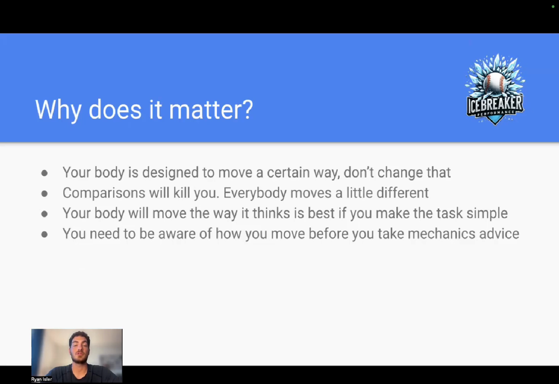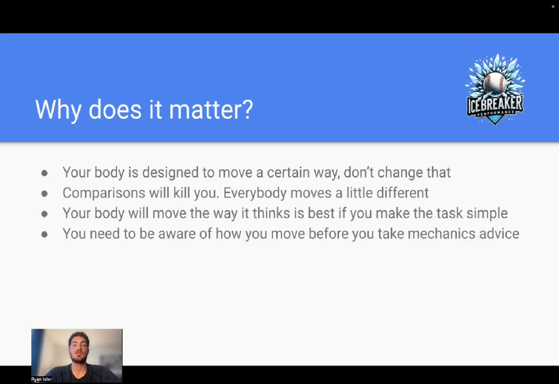Now that's going to force your body to get into whatever position it can to throw the ball as hard as you can. And that's going to kind of open up your eyes to how your body wants to move, right? And those things can be adjusted, but typically not by just trying to get into a position that somebody else is in, right?